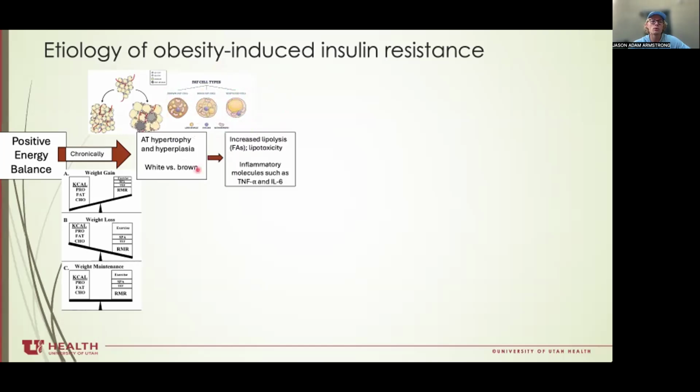So I chronically have a positive energy balance. My fat cells are hypertrophying, which leads to increased lipolysis and FAs, fatty acids, or lipotoxicity. They're the same thing, but you'll see lipotoxicity in the literature, so I wanted to bring it up.